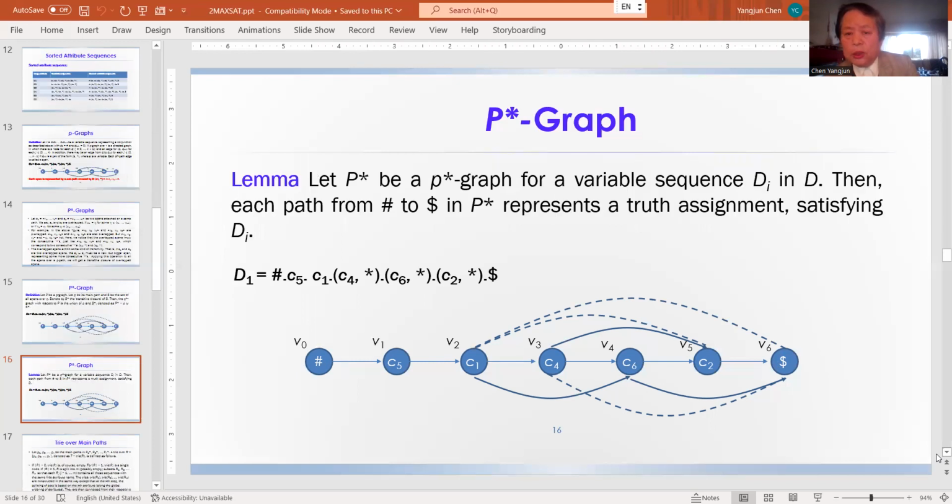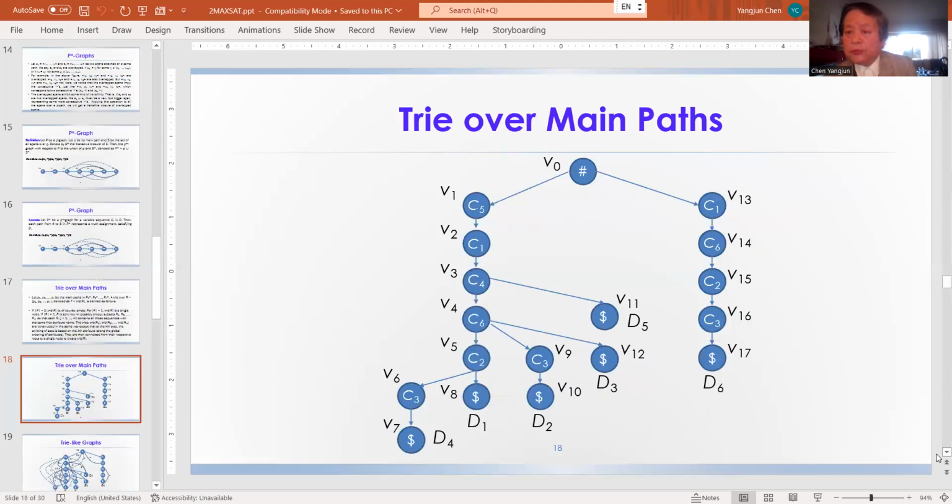Now, what we want is to merge all the P star graphs together to generate a tree-like graph. But in the first step, we'll generate a tree over all the main paths in the P star graphs constructed for all the conjunctions. By tree, we just mean a tree in which each path is just the main path in the corresponding P star graph.